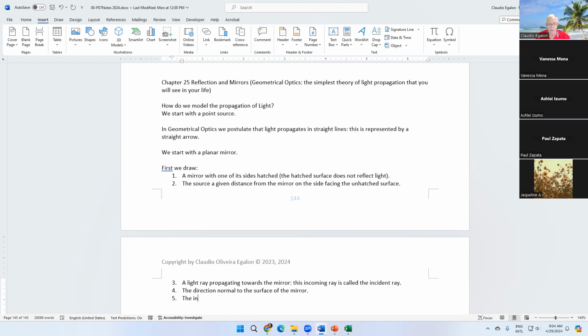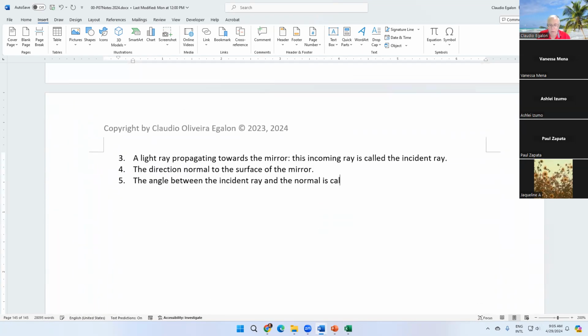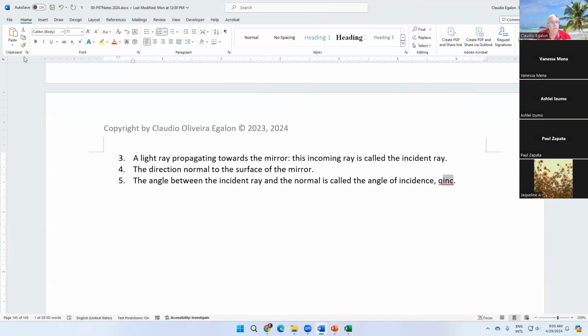The angle between the incident ray and the normal is called the angle of incidence. That would be theta incidence.